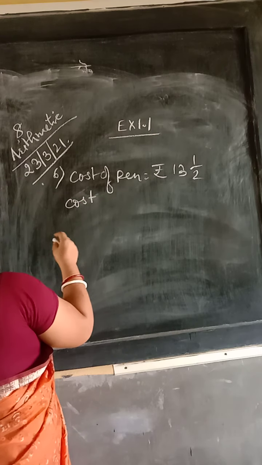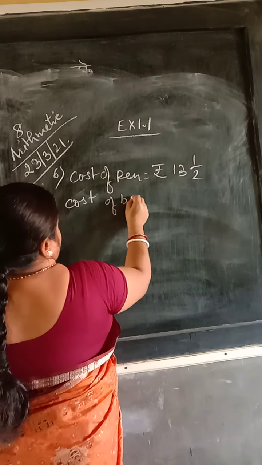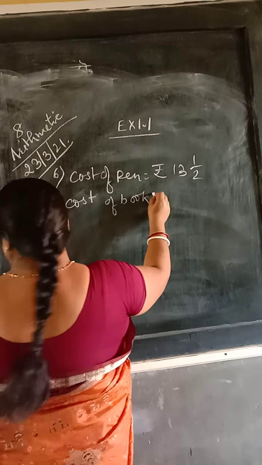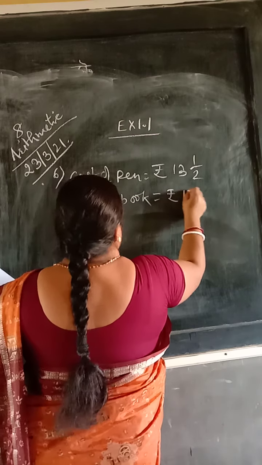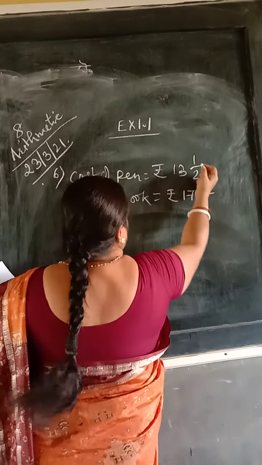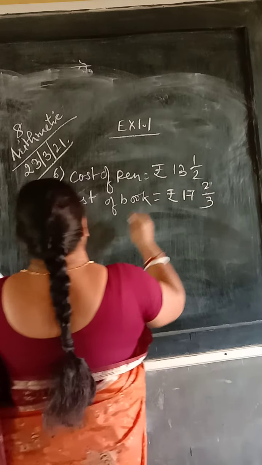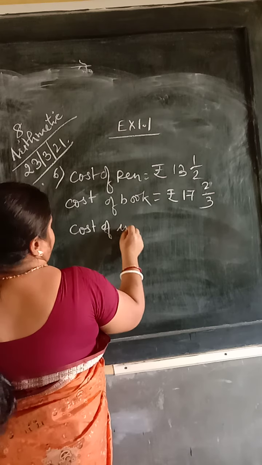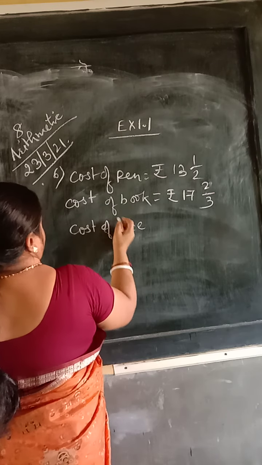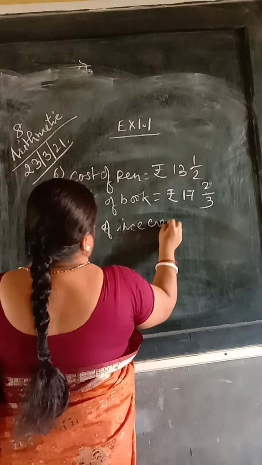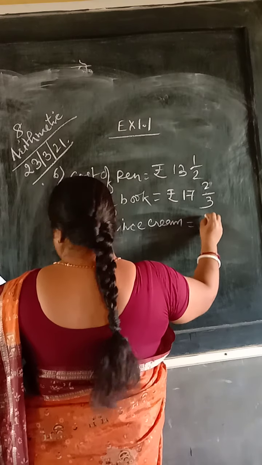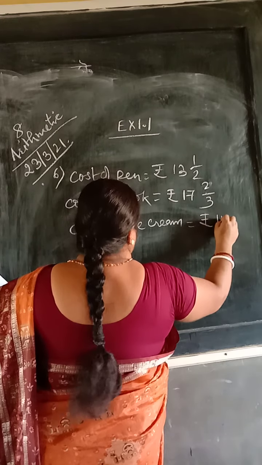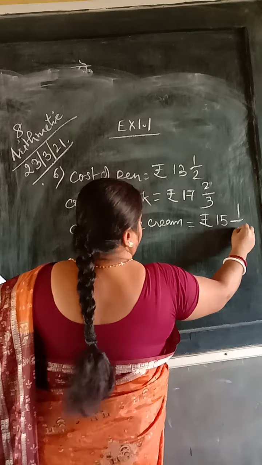Cost of book: rupees 17 whole 2 by 3, and cost of ice cream: rupees 15 whole 1 by 4.